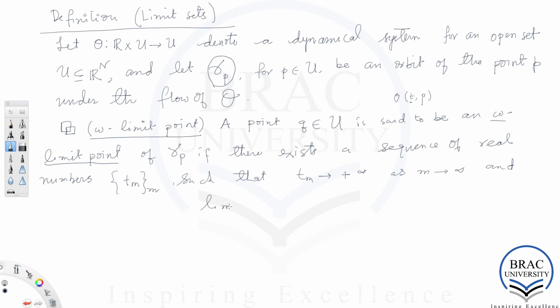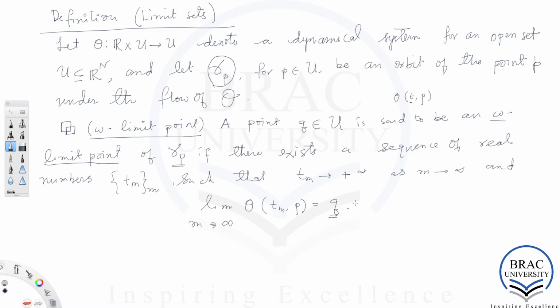The limit of the following expression as m approaches infinity is equal to q. Then we say that q is an omega limit point of the orbit gamma p. Okay, so this is the definition of omega limit point.